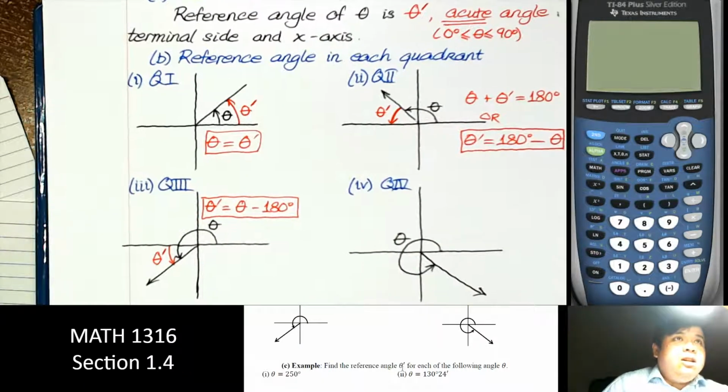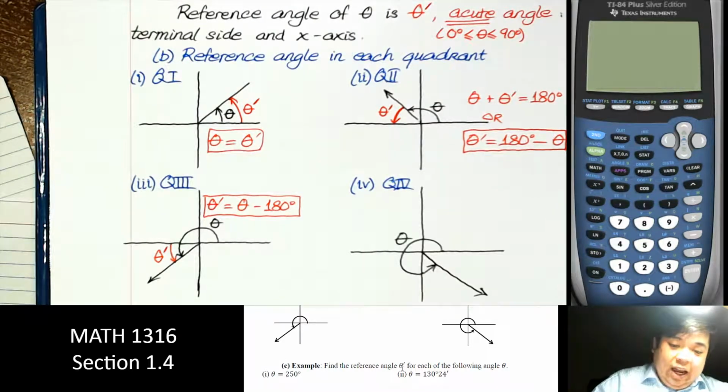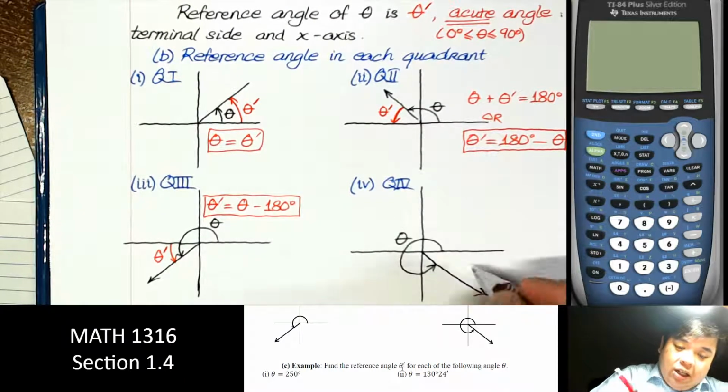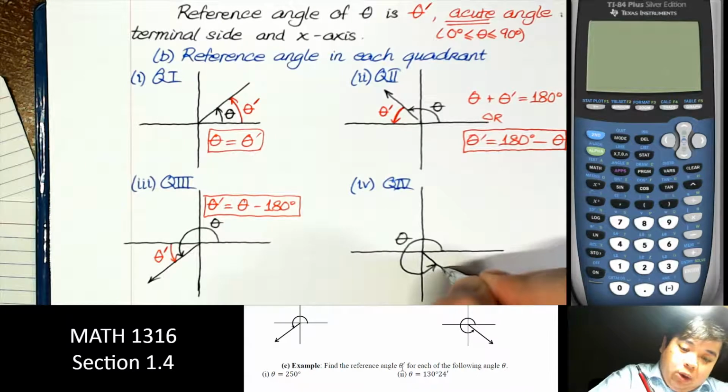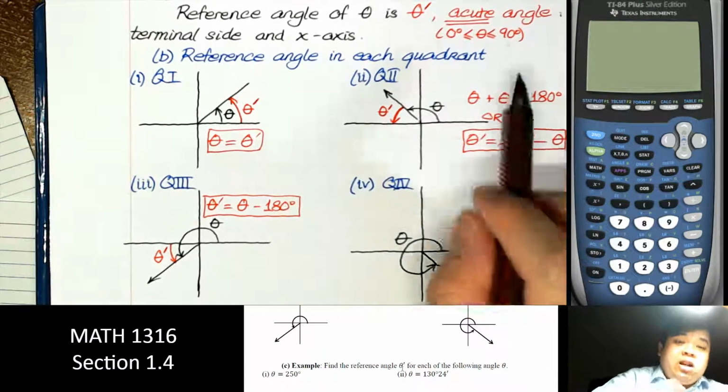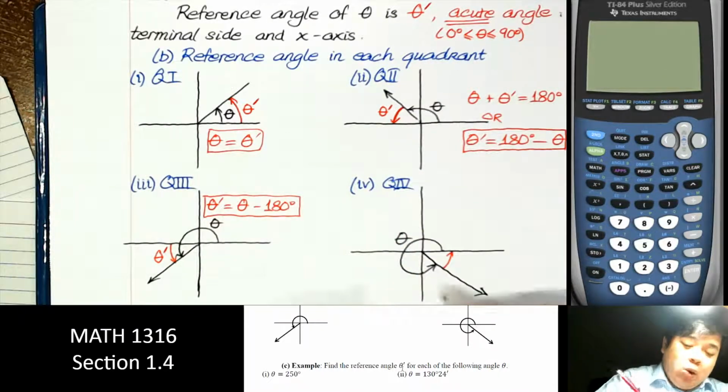That is angle theta. And we have to use this terminal ray, make it with either the positive or the negative x-axis. Whatever gives us an angle between 0 and 90 degrees, that's what we take.